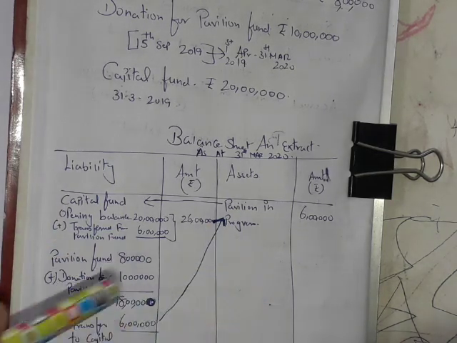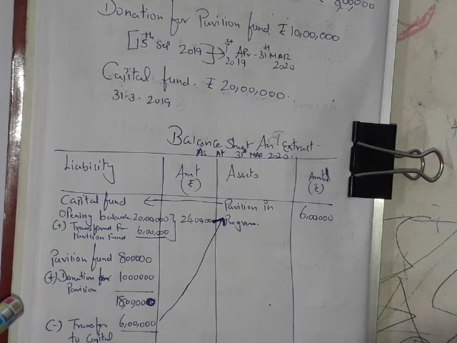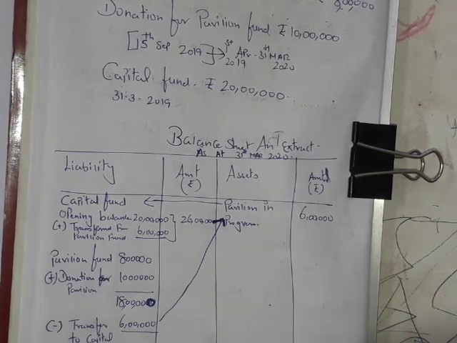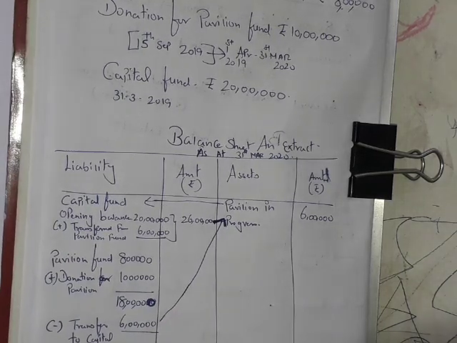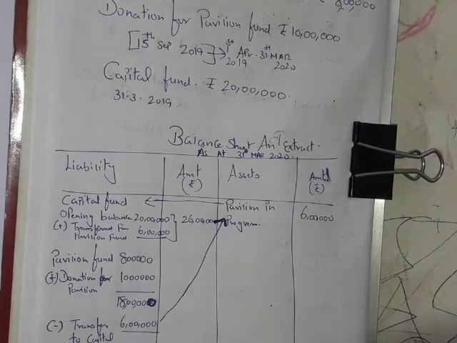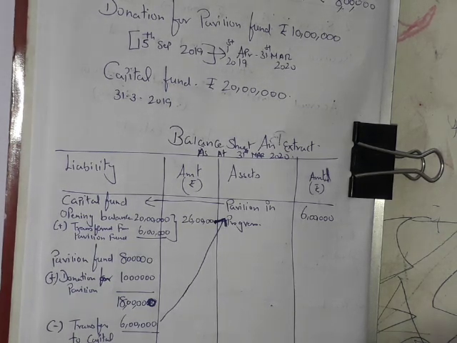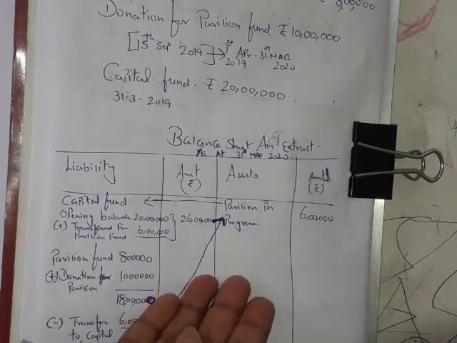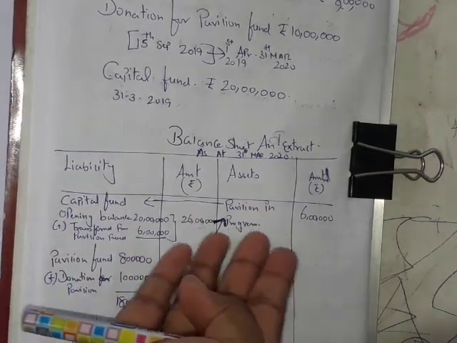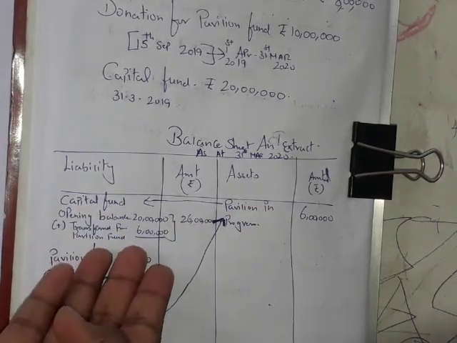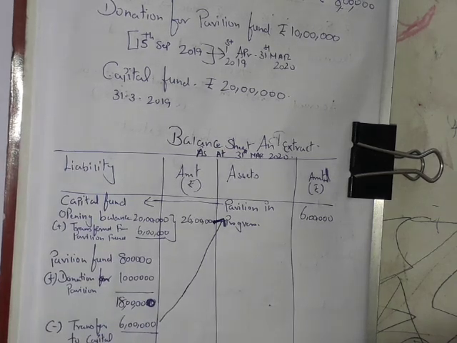And what should be done? From the respective fund, you have to transfer the amount to the capital fund, because whatever amount you have spent for the construction of that particular item, whether it be a building or a pavilion, whatever it is, it forms part of your asset. Being an asset, it must be equal to your liabilities plus capital, the accounting equation.